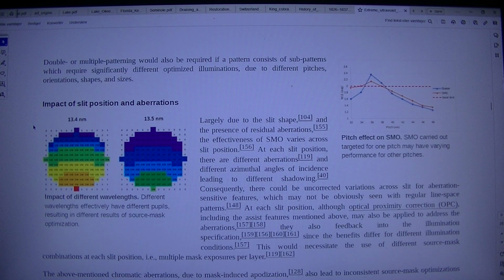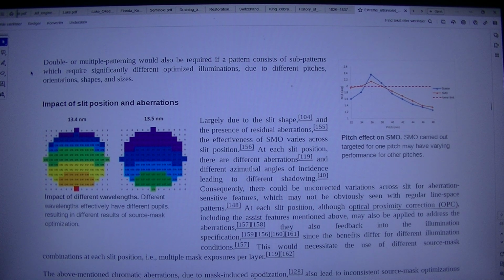Pitch effect on SMO. SMO carried out for one pitch may have varying performance for other pitches. Double or multiple patterning would also be required if a pattern consists of sub-patterns which require significantly different optimized illuminations, due to different pitches, orientations, shapes, and sizes.